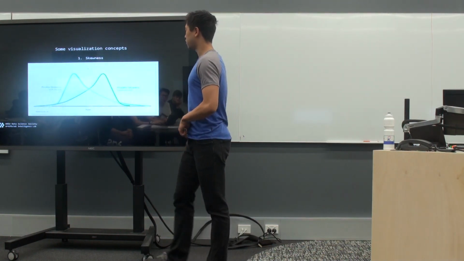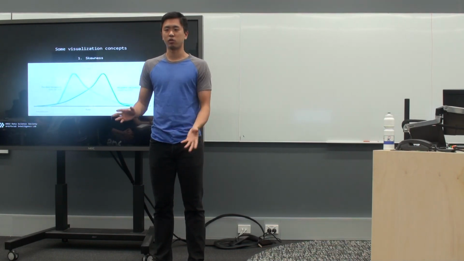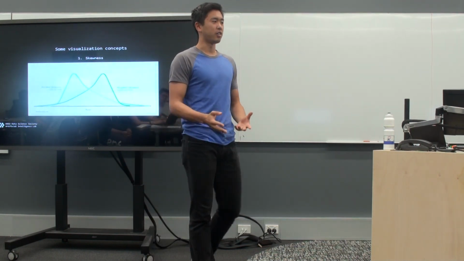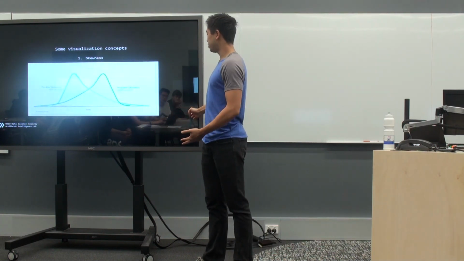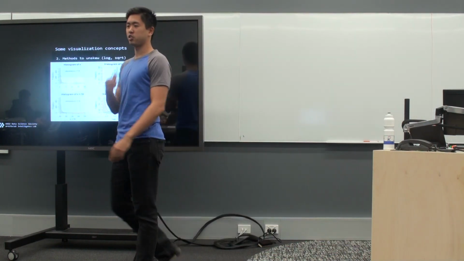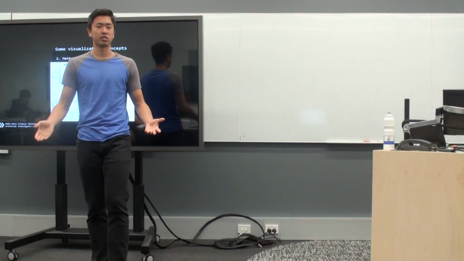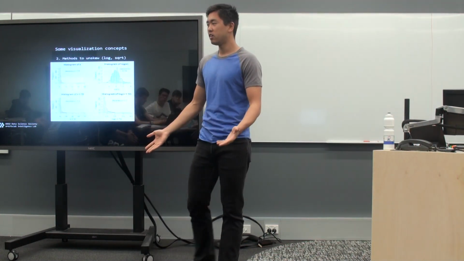So I'm just going to go through a few concepts of what you might do with the data once you find out what it looks like. If it's skewed, often we want to make it symmetrical. There are a lot of good properties of having symmetrical data. For example, you could then check if it's normally distributed.